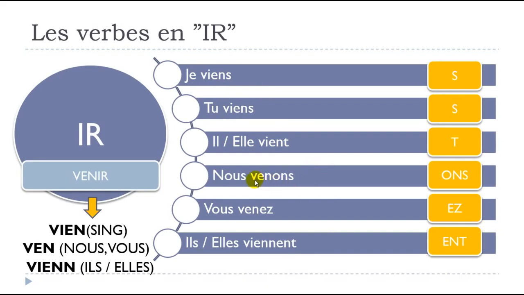Then you will get this venons, okay, keep in mind that it's really in that case, venons, venez, and the last one, because you've got this double N here, you should pronounce it viennent, viennent. Okay, so ils viennent, elles viennent. So just one more time to make it clear: je viens, tu viens, il vient, elle vient, nous venons, vous venez, ils viennent, elles viennent.